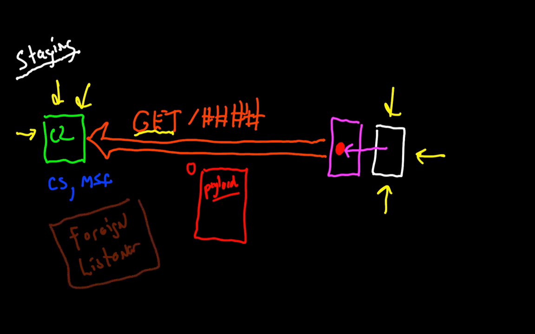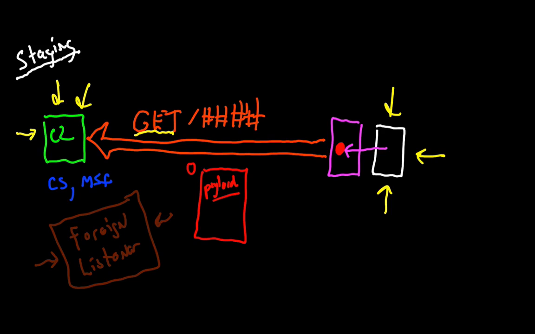And I will demo those later in this course as well. But the three big takeaways I want you to understand are that staging is what allows us to use a Metasploit Framework exploit to deliver a Cobalt Strike beacon payload. It is also what allows us to pass sessions to the Metasploit Framework.